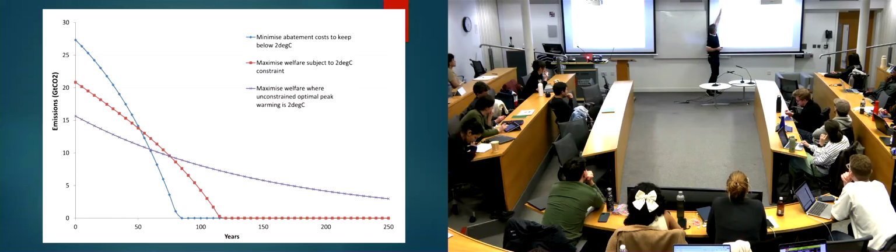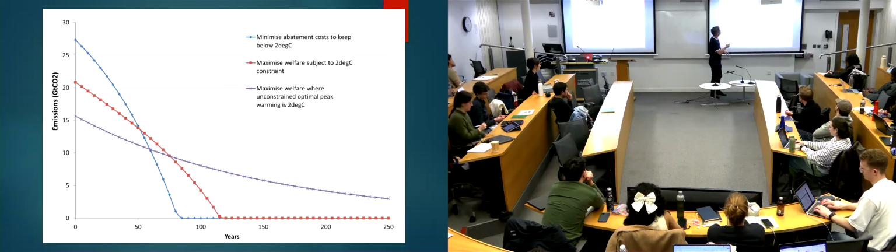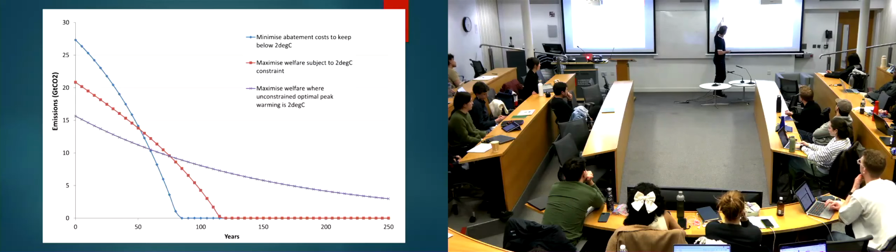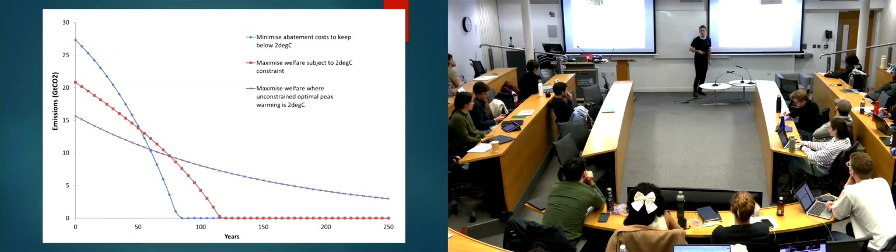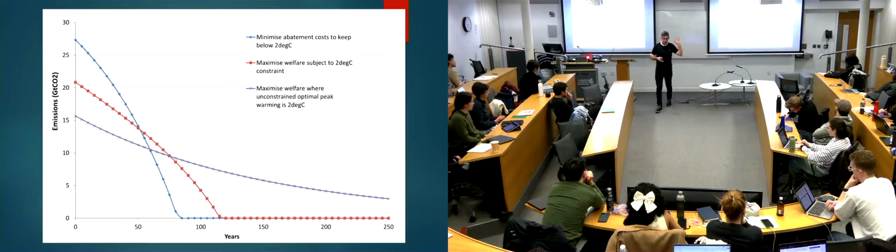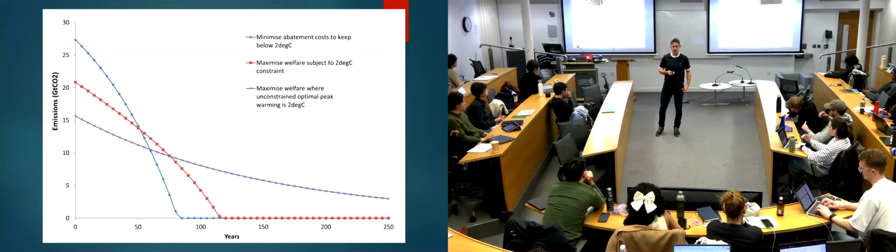Low effort at the start and then go down fast, Hotelling path. Now, if you say you maximize welfare to go to 2 degrees, you do more effort at the start and less effort at the end. That has also become a paper in Ecological Economics from last year.